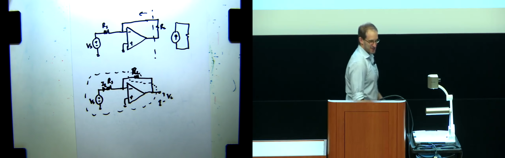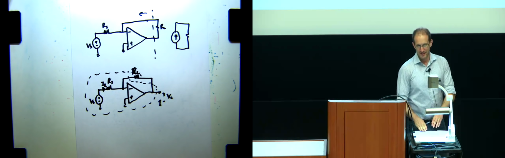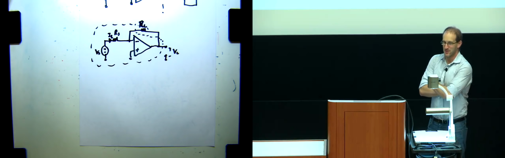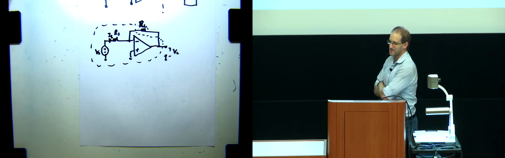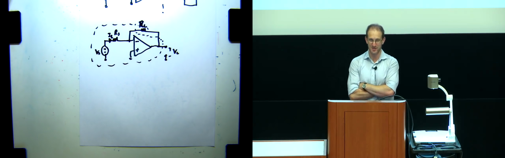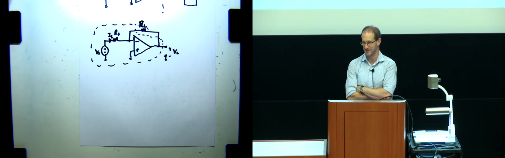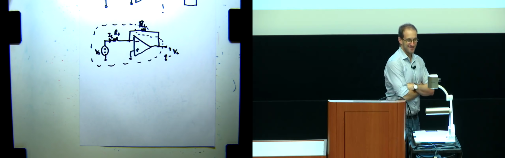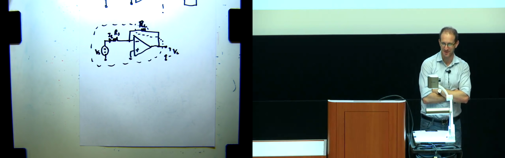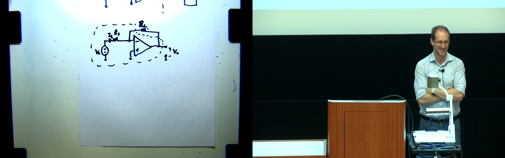Okay, so just to prefetch a little bit, if we're interested now in using this in the context of the touchscreen, instead of a resistor, what do you think you're going to end up connecting across this quote-unquote current source? I think I heard a few people say it. Maybe somebody raise your hand and speak up louder. Yeah, a capacitor, right?